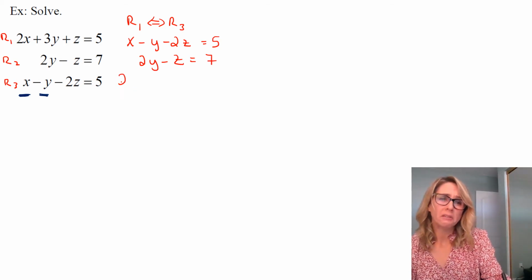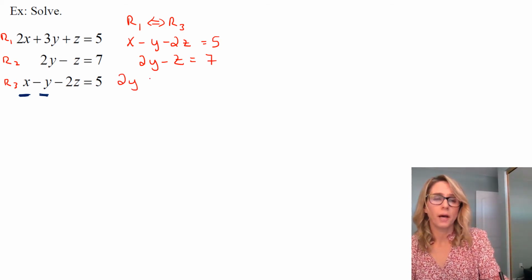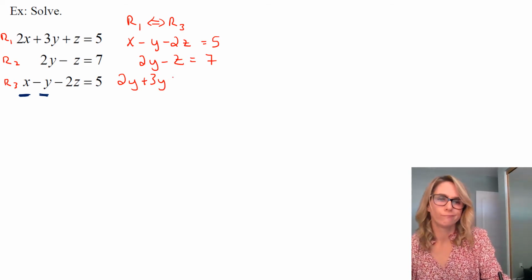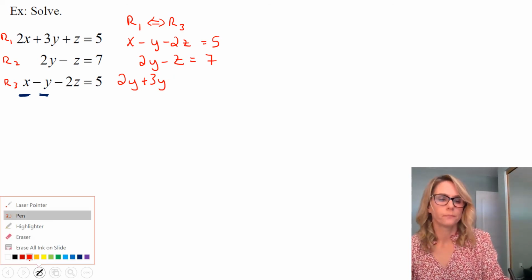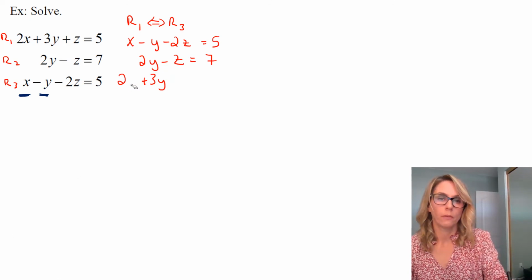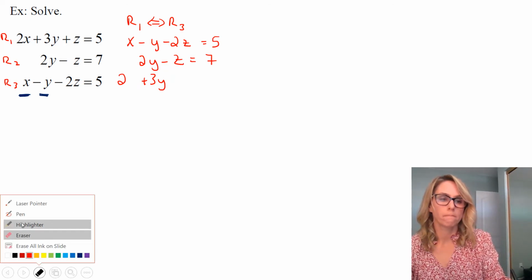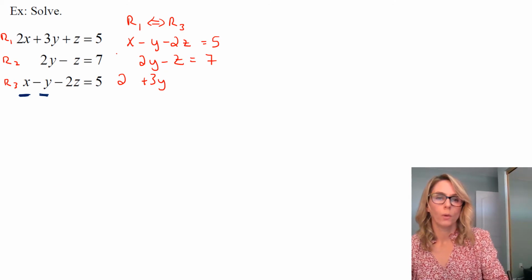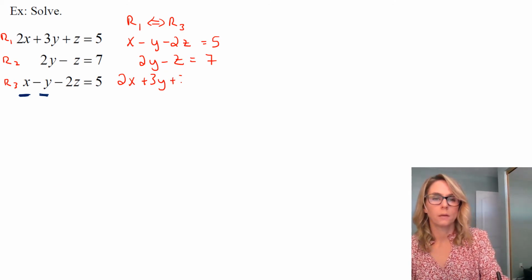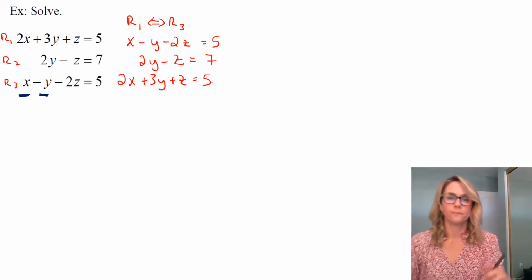But true Gaussian does have the x in the front of the first equation. Okay, 2x. These take a while. Okay, so 2x plus 3y plus z equals 5.